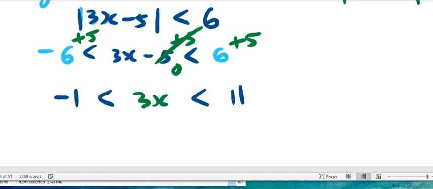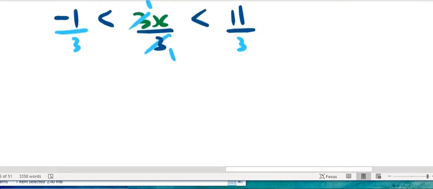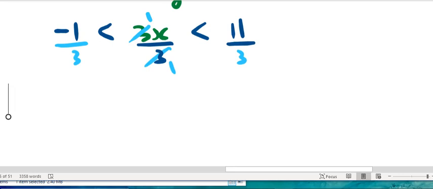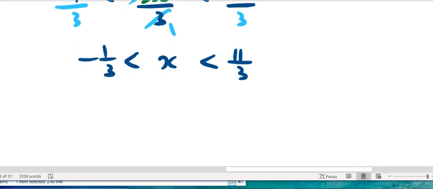Okay, so divide it. Simplify. So what do you have? You have x between negative 1 over 3 and 11 over 3.